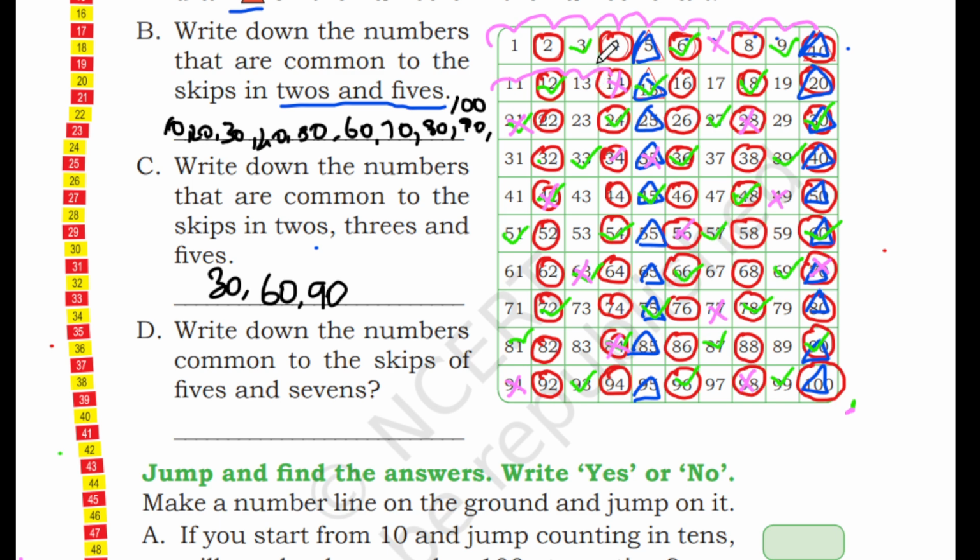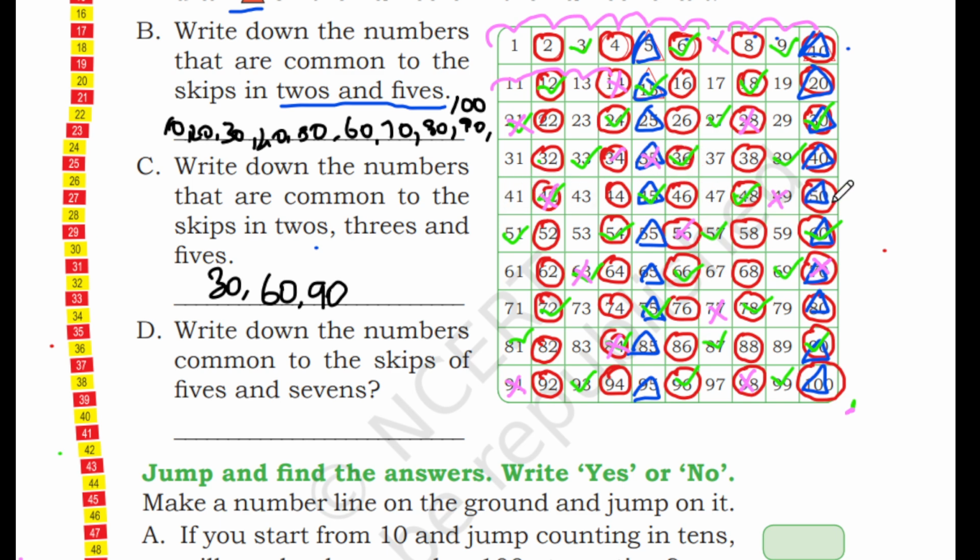Okay, if you see here on the first row, it's not there. On the second row, no. On the third row, no, we do not have. Here, if you see the number 35, see the number 35 has both the triangle and the cross mark, right? So this one.